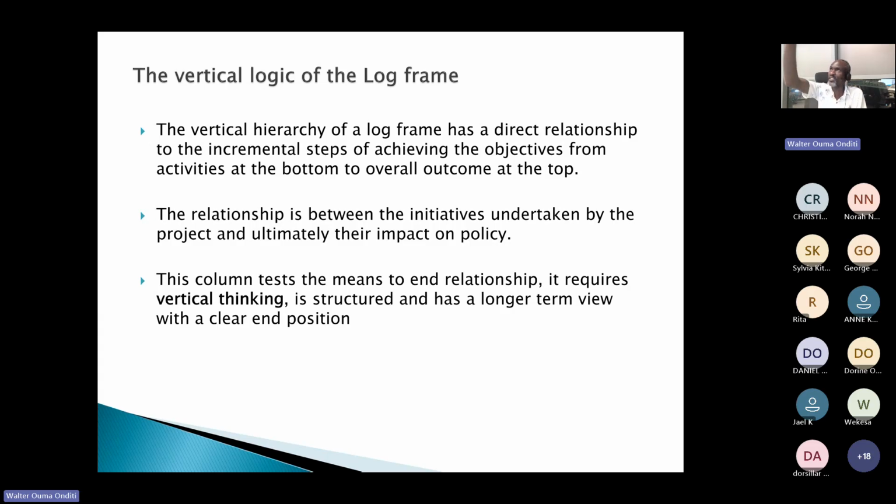That means if this is the why question, then the why question should be able to bring the what questions, and the what question should be able to bring the how question. And the how question basically is the output and of course the activity, if you like, plus the resources. So think of that. You are always going to think vertically. It's structured and has a longer term view with a clear end position.